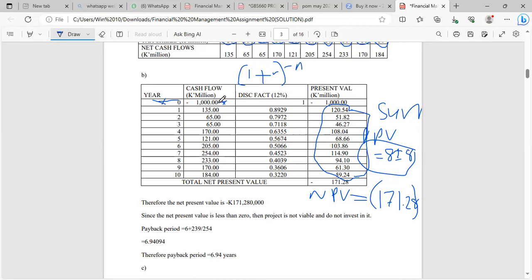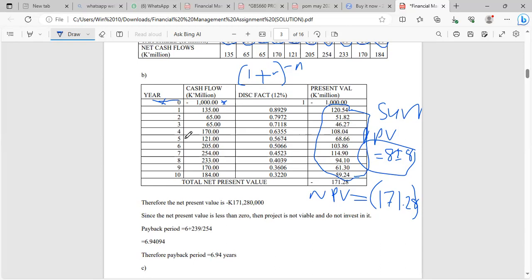Do you know what I mean? Yes, from 135, isn't it? The 1,000 at year zero has gone. So we are starting at year one, which is 135. So 135 is how much we have obtained from the amount we invested. We have recovered 135 from whatever we invested in.